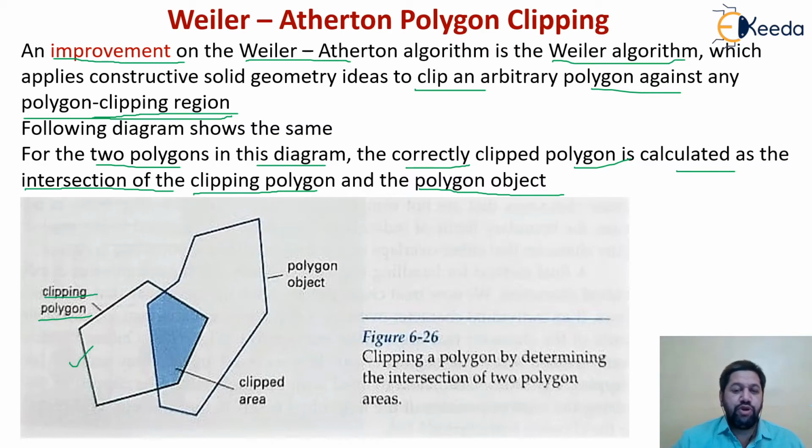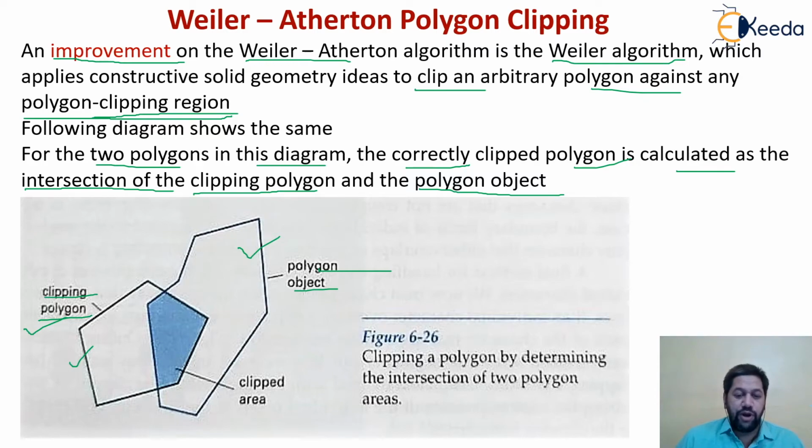I'm focusing on the point that the clipping window is not a normal rectangle, but is itself a polygon. And this one is my polygon object. With this object I have to clip against the clipping polygon window.